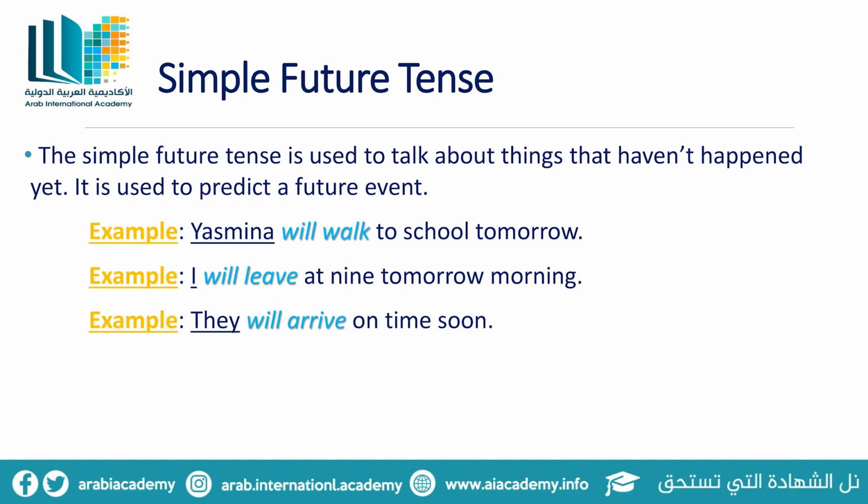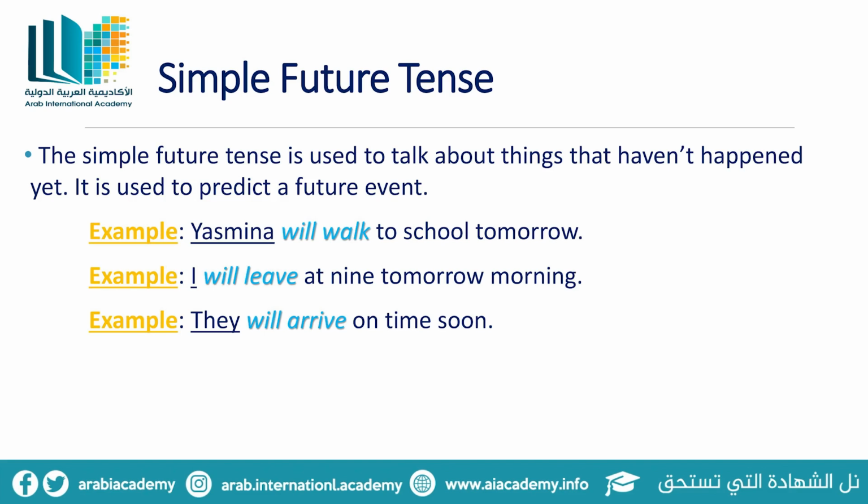Yasmina is the subject, and in the future tense, we add will to the main verb, so it will become will, and the main verb like walk, then the object. So Yasmina will walk to school tomorrow, and the action, which is walking, shows that it will happen tomorrow, in the next day.